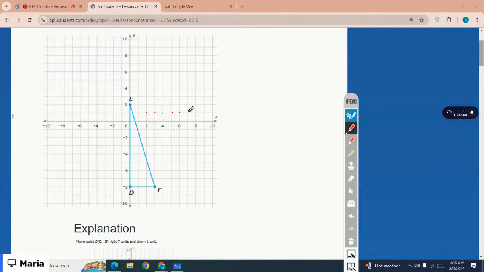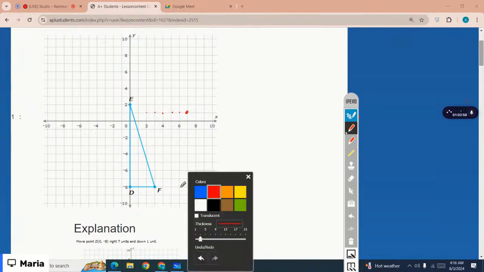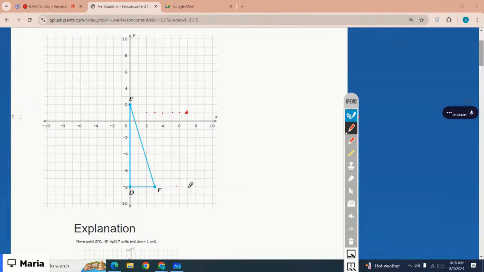So E would be here, right? Again, 1 down. So D is 1 down and 7 right. 1, 2, 3, 4, 5, 6, 7. And for F, 1 down. Here is down. And then F is here. So the translated image is here.